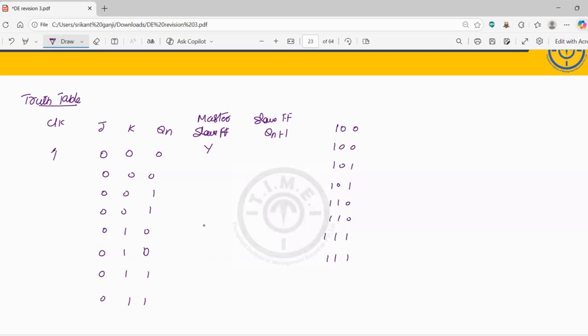Here you can give the positive edge trigger, negative edge trigger, positive edge trigger, negative edge trigger, like this.